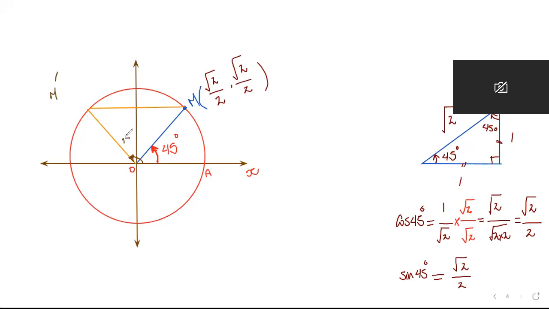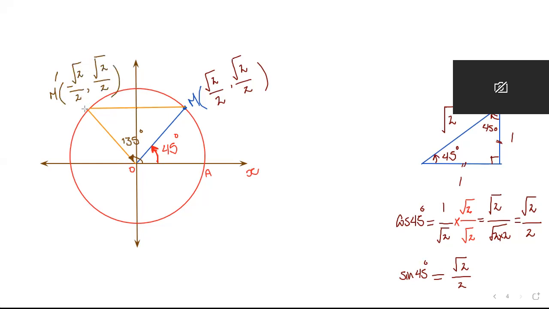That's right. The angle 135 is connected to the reference angle 45 degrees. But the x-axis is connected to minus the square root of 2 over 2. But the value of the y, they share the same value, square root of 2 over 2. Any questions so far?